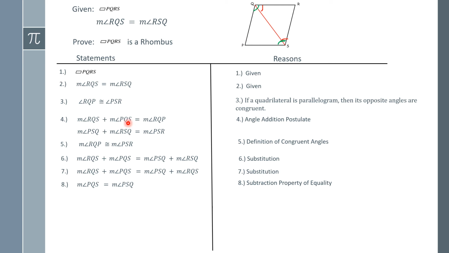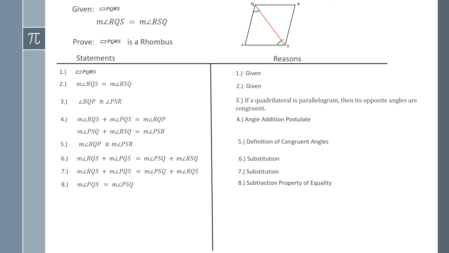Let me see if I can erase these now. That piece of information tells me that this angle is congruent to this angle. Well, now, Mr. Rowe, you've got that the angles themselves are congruent. Why can't you just state it now? Well, I don't know that these angles are the same as these angles yet. I haven't said that. So I have to work some more to get that those two are congruent.